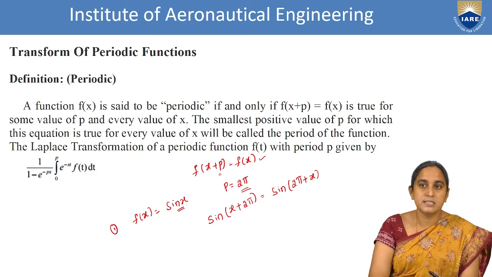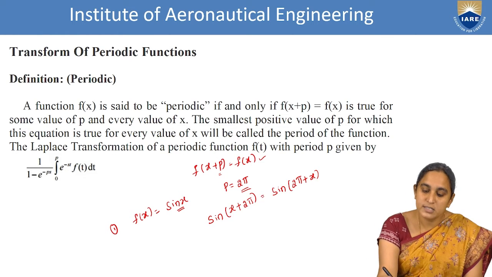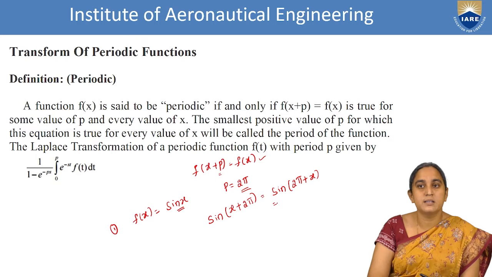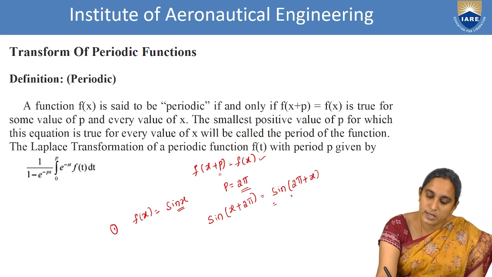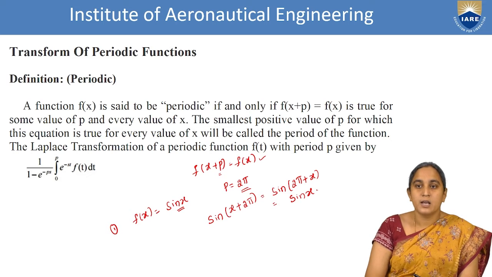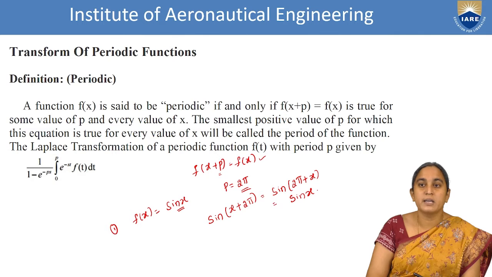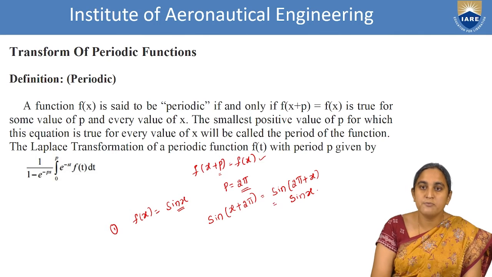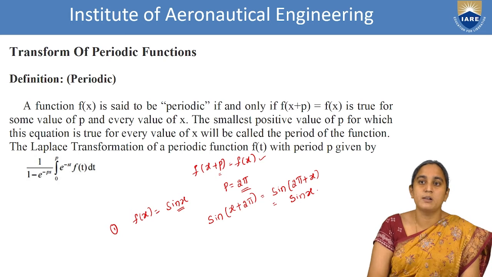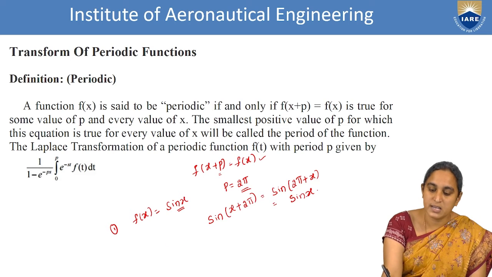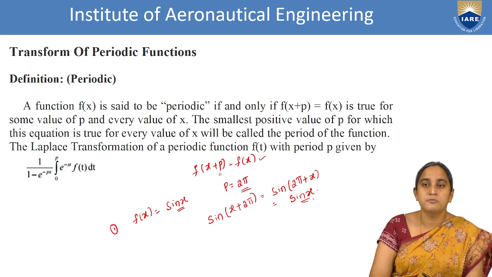What is the value of this? This is equal to, again, the same function sin x. Taking the period 2 pi, we got the same function after applying the formula. Therefore sin x is a periodic function.